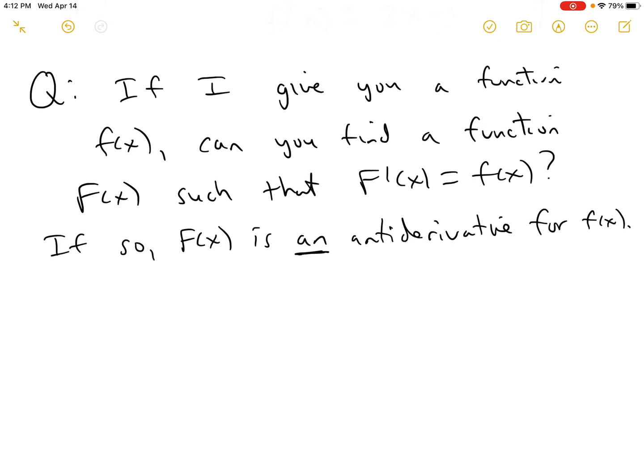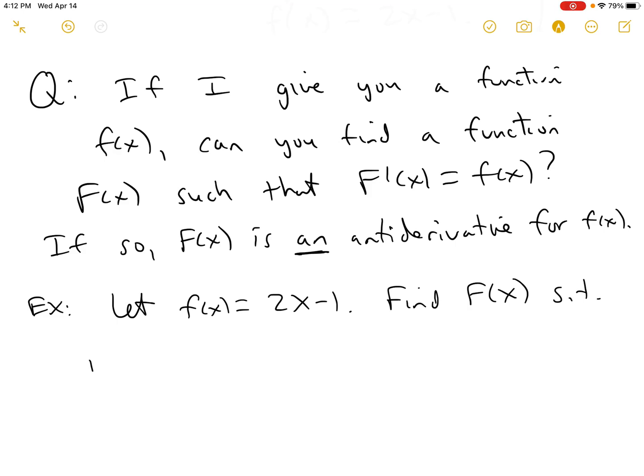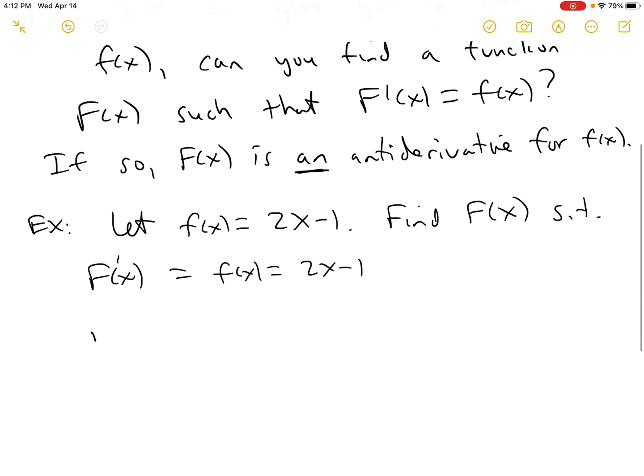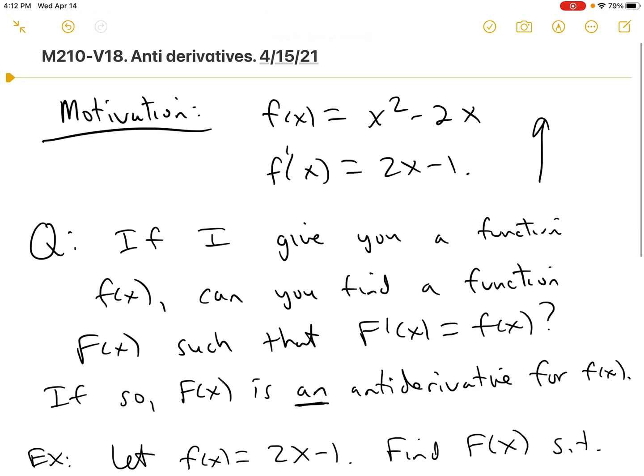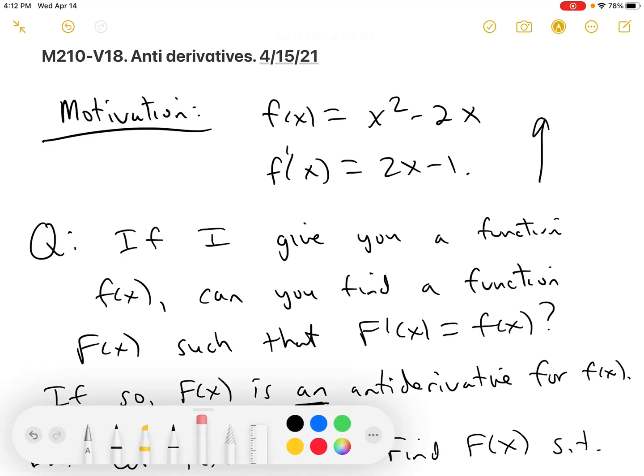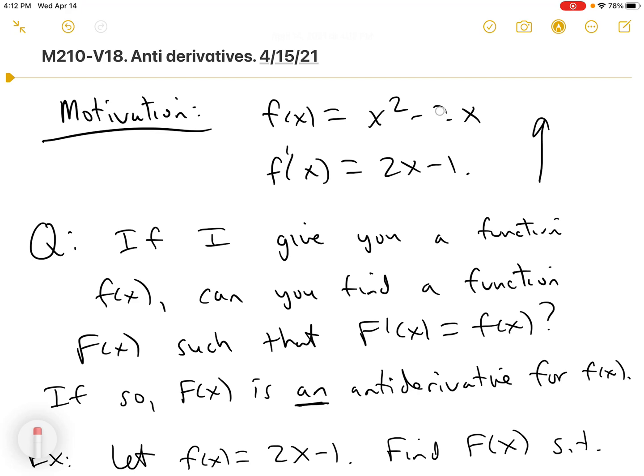So here's a fun little example, just to use the one above. Let f of x be 2x minus 1. Find some function F of x such that the derivative is 2x minus 1. Okay, well, we just showed x squared minus x works. I did a mistake here. Hold on. This is supposed to be x squared minus x.